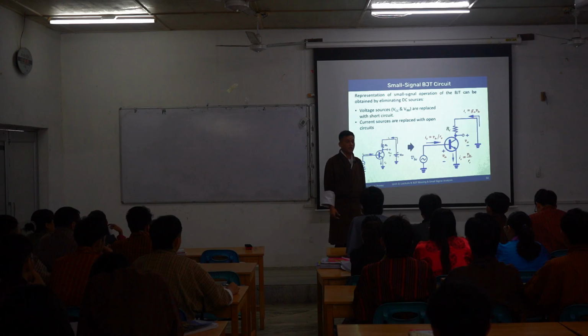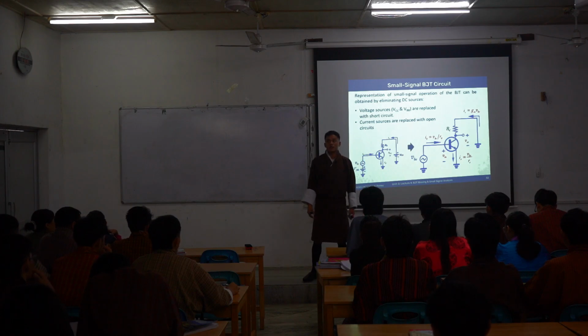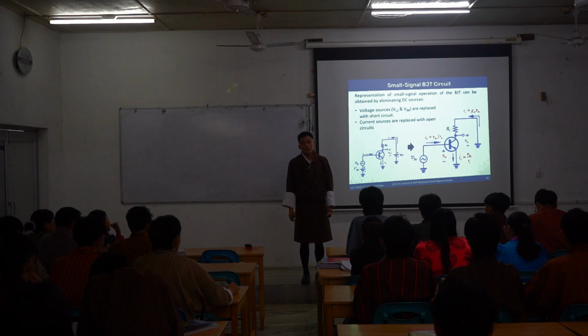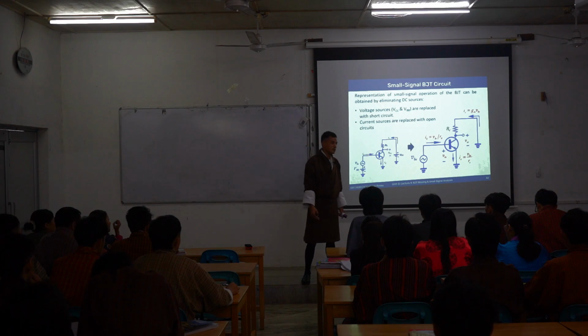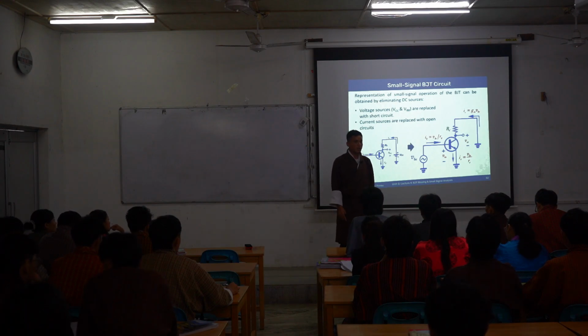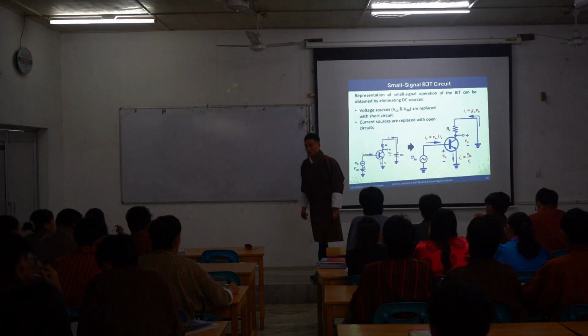This is the very important consideration you have to keep in mind. If you fail to keep this in mind, then all of your analysis of that particular circuit would be completely zero, so I cannot mark you anything. I can simply give you zero.